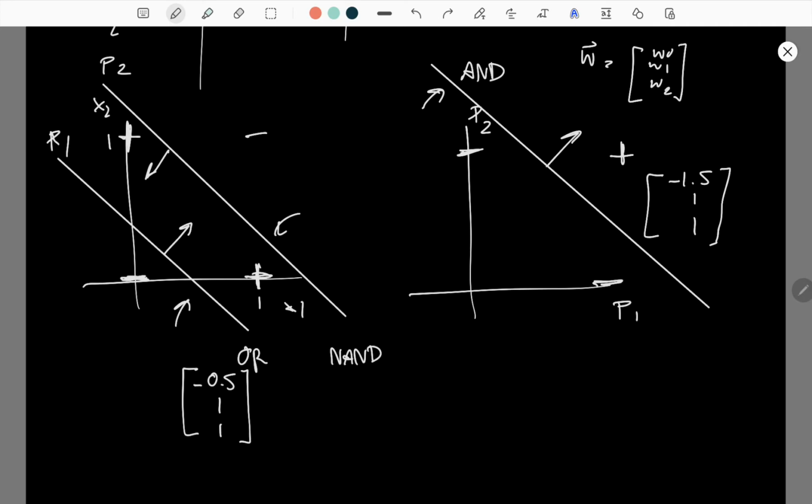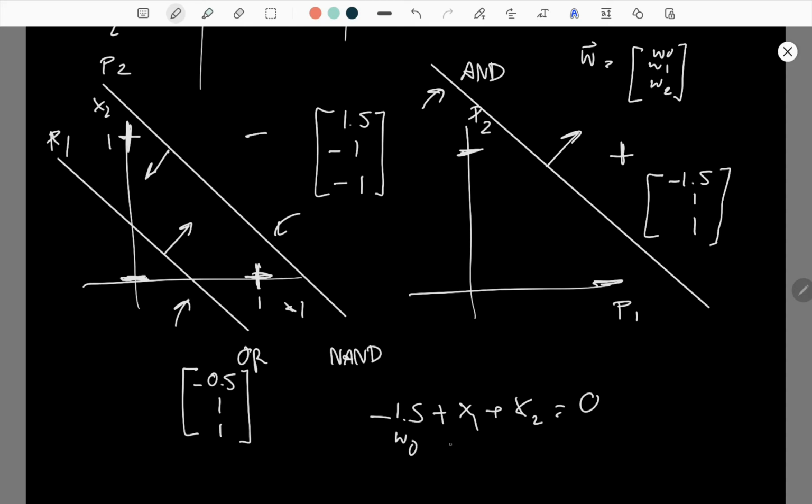And how about the weight of the NAND? Of course, it will be the same as the AND one, but it is the opposite direction. So it is 1.5, minus 1, and minus 1. So I hope that you still remember that we have the equation minus 1.5 plus x1 plus x2 is 0, right?